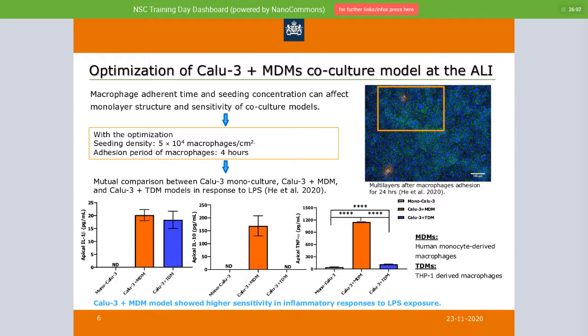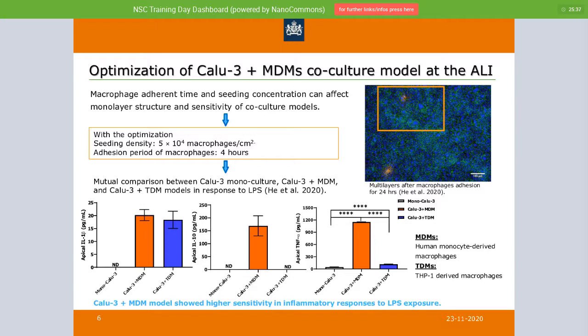used. However, the efficiency of macrophage adhesion decreased with a short adhesion period, thereby decreasing the sensitivity of co-culture models. To balance this in our optimization, we decided to use a seeding density of 50,000 macrophages per square centimeter at the 4 hours adhesion.